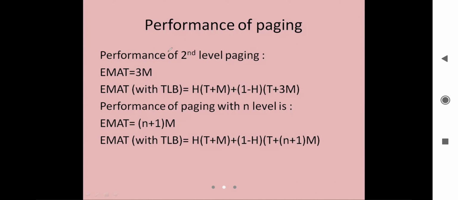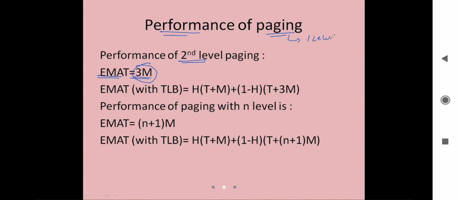Now, performance of paging for second level, we can say 2 level paging. What will be the performance of paging? If it is 2 level paging, the effective memory access time will be 3M, right? In simple paging there is 1 level.